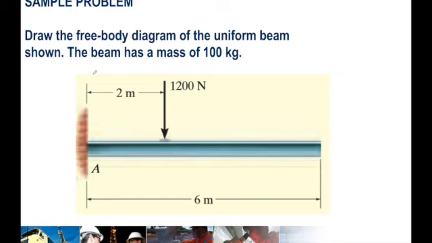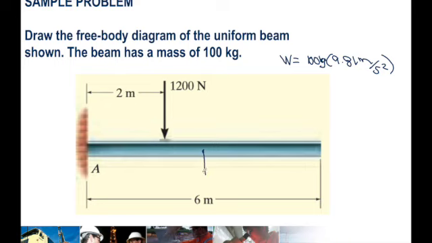So along the 6-meter beam, where should we apply the weight of the beam? The weight must be equal to the mass times gravity. So that's 100 kilograms mass times 9.81 meters per second squared, which gives us 981 newtons.